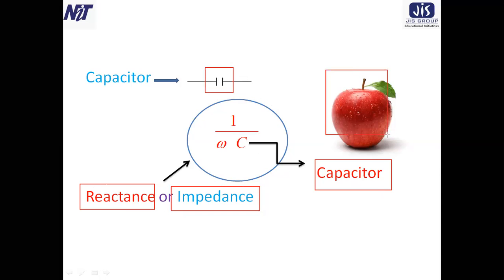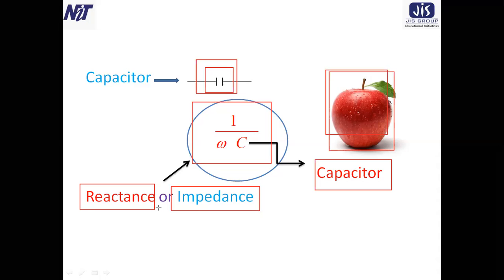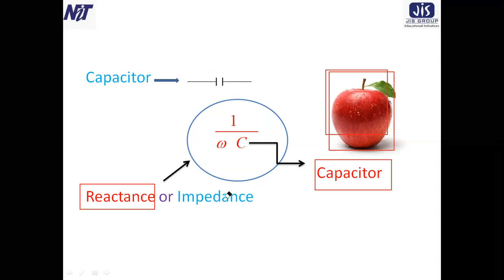So the name of this fruit is apple. The name of this symbol is capacitor. The measure of the symbol is 100 gram. And the measure of this capacitor is capacitive reactance, or sometimes it is impedance, I think, where omega is the value of 2 pi f.